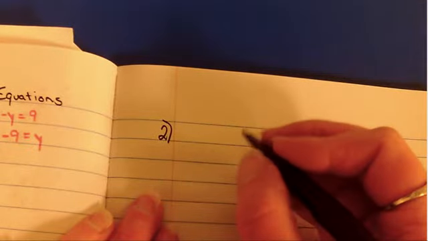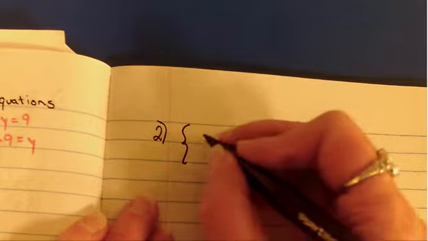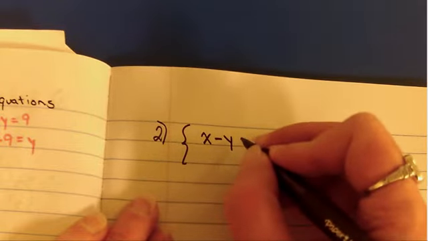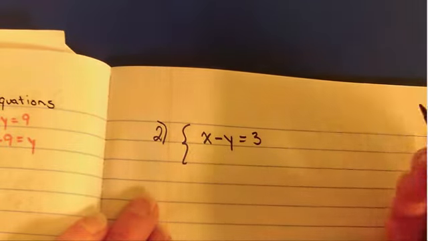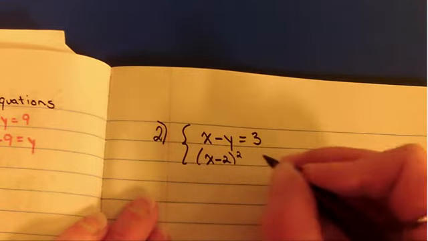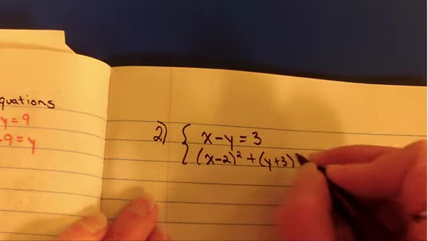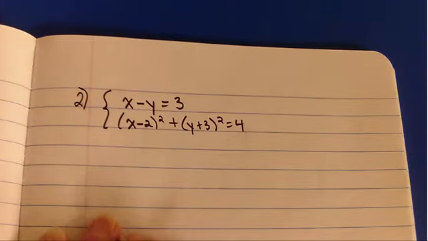Let's do another one. There's a line. And that is a circle.